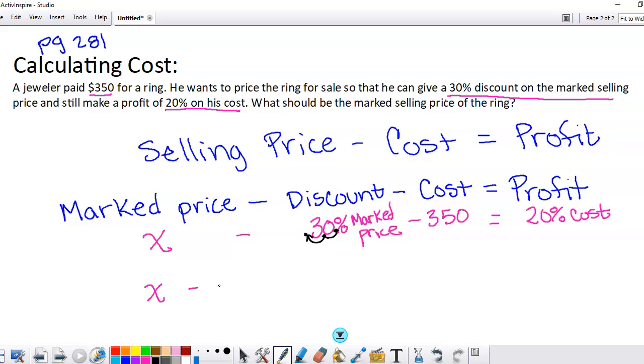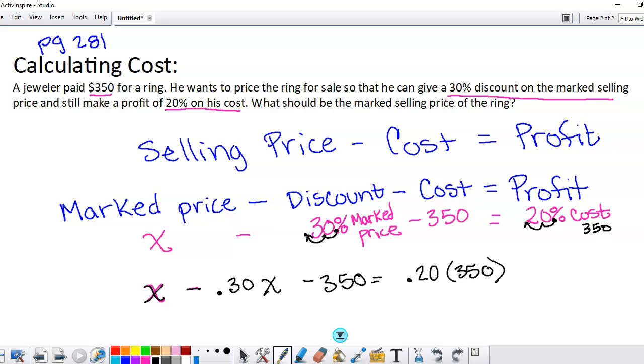So 30% is 0.30. Since that's a 0, you don't have to write that. 0.30 is the same as 0.3 of the marked price. And we said marked price was x, minus your 350 equals, again, 20% now of the cost, which was 350. The decimal's at the far right, move it over 2 places, so we have 0.2 or 0.20, they are the same value, times 350.